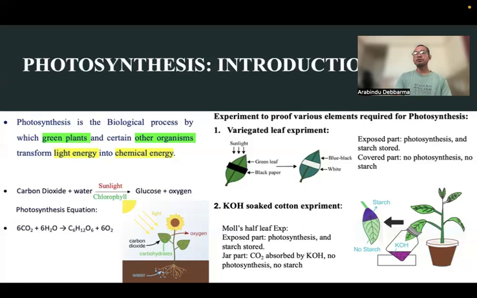Next, in order to prove the requirement of carbon dioxide as an important element during photosynthesis, the potassium hydroxide soaked cotton experiment, or the KOH soaked cotton experiment, was conducted. This particular experiment was done by a scientist called Moll.